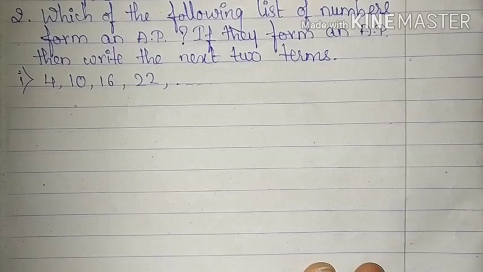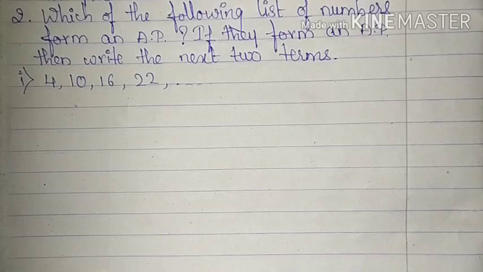And also, they have asked you to find the next two terms if the given list is an AP. If they form an AP, then write the next two terms. If your given list of numbers is an AP, then you will have to write the next two terms belonging to that arithmetic progression.